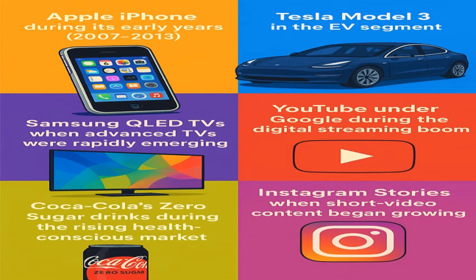And Samsung QLED TVs, when advanced TVs were rapidly emerging, are categorized as a star product because they have an advanced feature, and customers are willing to buy at any price because it has a distinguished feature that other companies are unable to provide. So that's why Samsung QLED TVs are categorized as a star product.